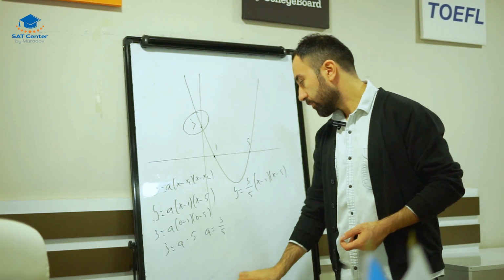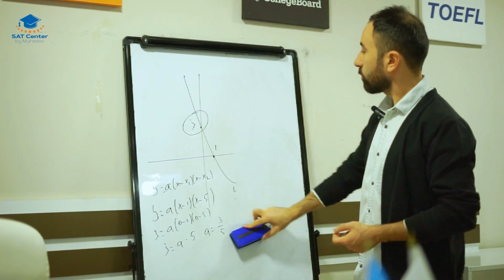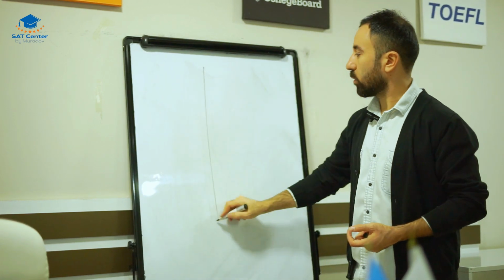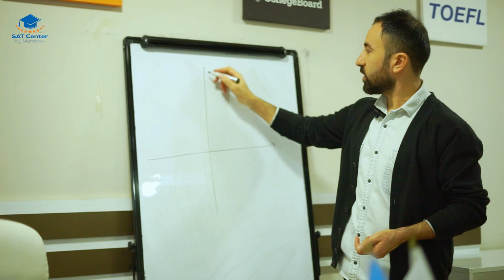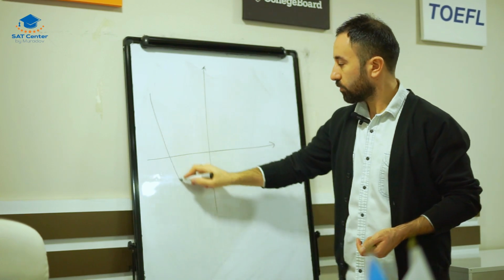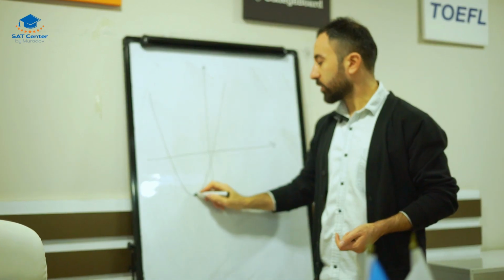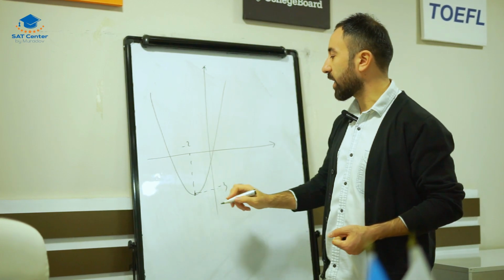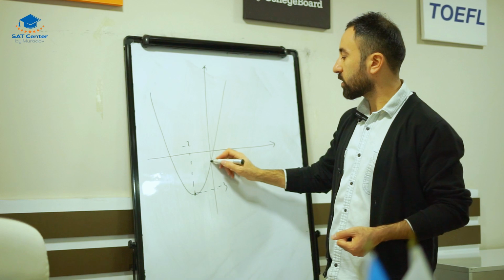Next example. Again a parabola is given. For this example, the vertex point is given. Let me say minus 2, minus 3. And the y-intercept is given, negative 1.